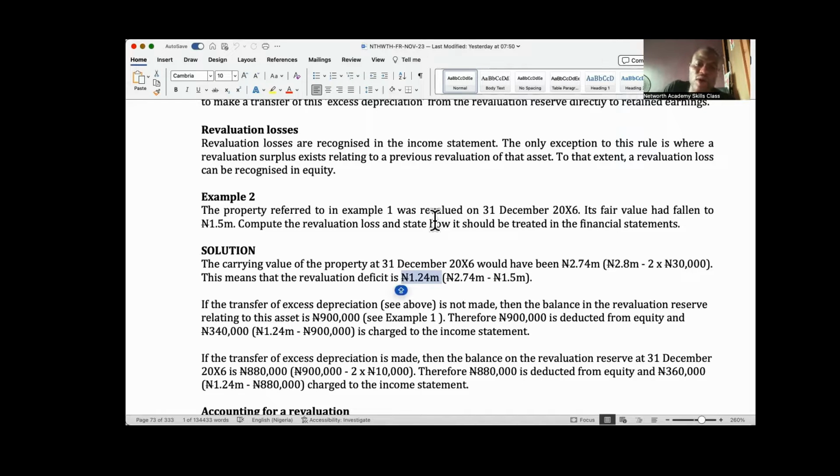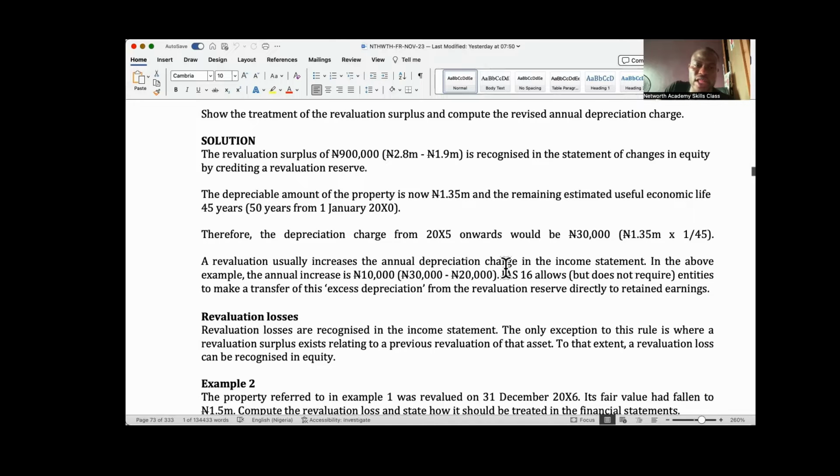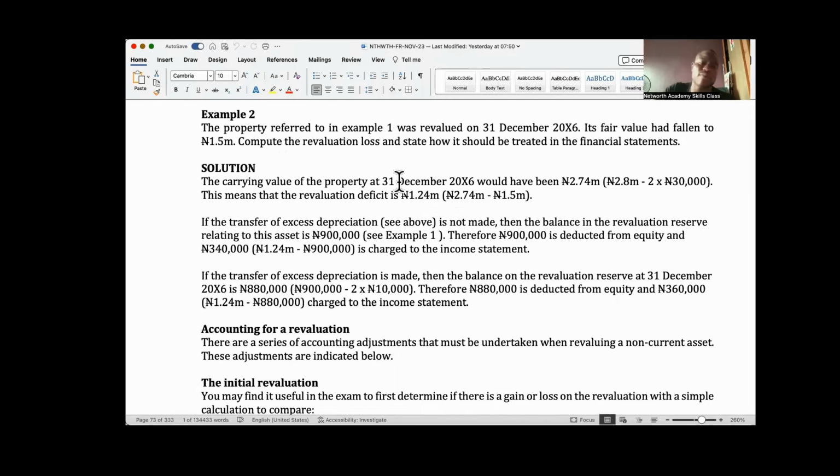And from this other question one, don't forget that we got a revaluation surplus of 900,000 on the 1st of January 2005. So therefore, there is an earlier surplus.